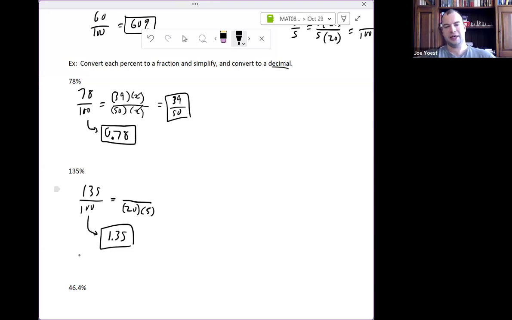And 135, well, that's 100 plus 35, or 20 times 5 plus 7 times 5, or my distributive property used in reverse, that's 5 times (20 plus 7). I think that's 27 times 5.